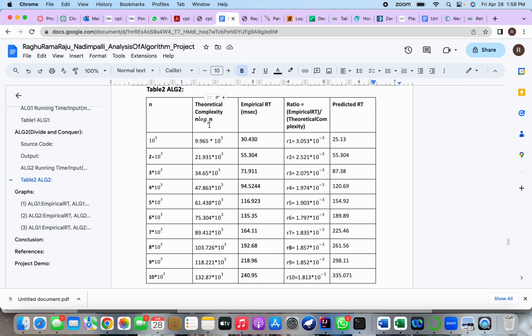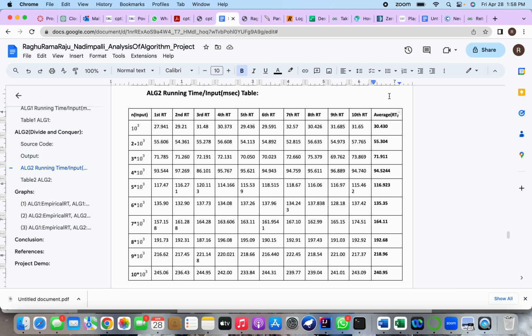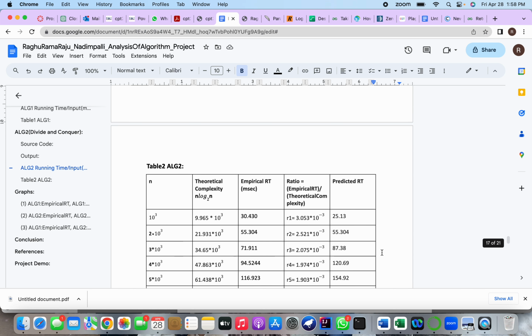Base 10 is fine, because at the end the predicted RT will not be affected by this base. We're going to get the constant from the ratio, which is the maximum, so any base is fine. So n log n, when n equals 10 power 3, this is how I got the value of n log n. Same for all the 10 into 10 power 3. And the empirical RT is nothing but the average RT that I got for each input over 10 runs.